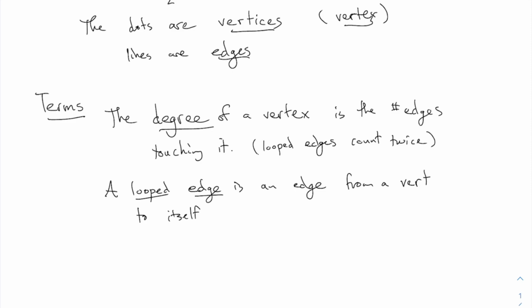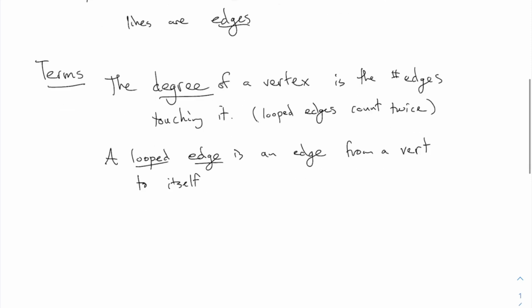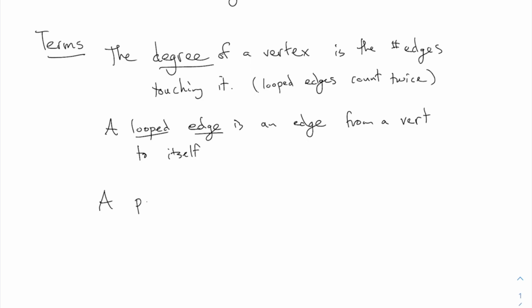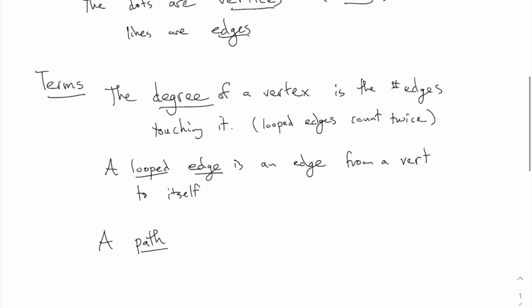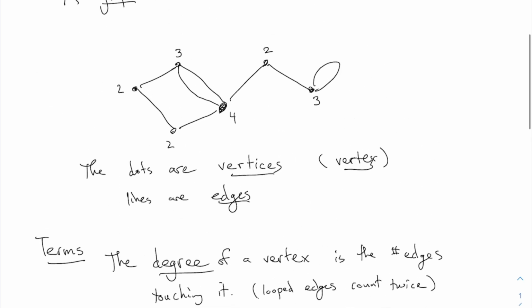All right, one more bit of terminology. A path. This is something that is important in graphs also. We want to talk about a path through a graph. Just informally speaking, a path would be a way that you can run through the graph from one place to another.